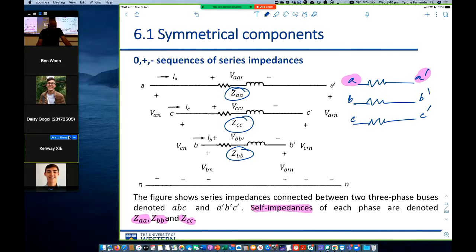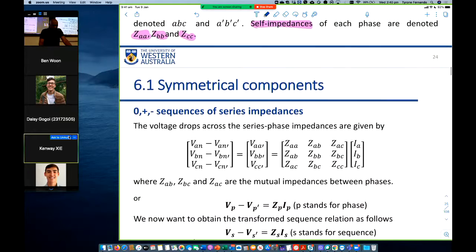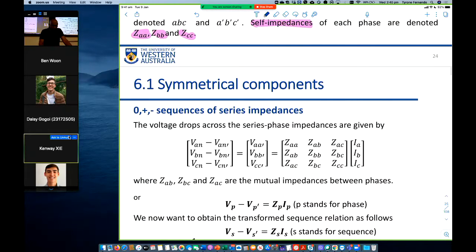So the figure shows series impedances connected between 2 three-phase buses denoted ABC and A dash B dash C dash. Self impedances of each of those are denoted ZAA, ZBB, and ZCC. So they are the self impedances. ZAB and ZAC are called mutual impedances between the lines.